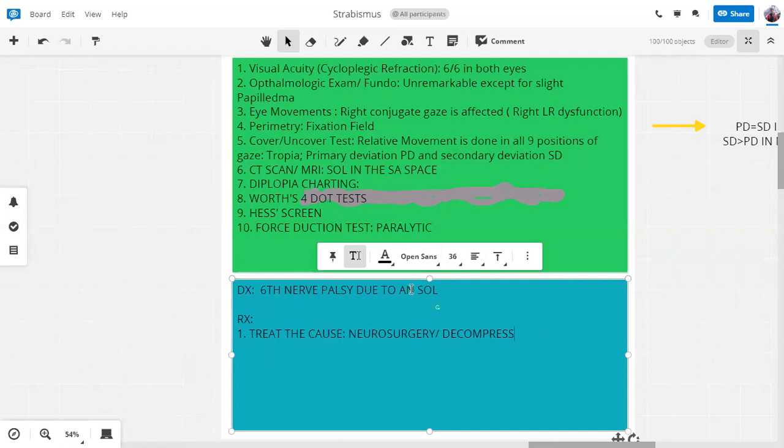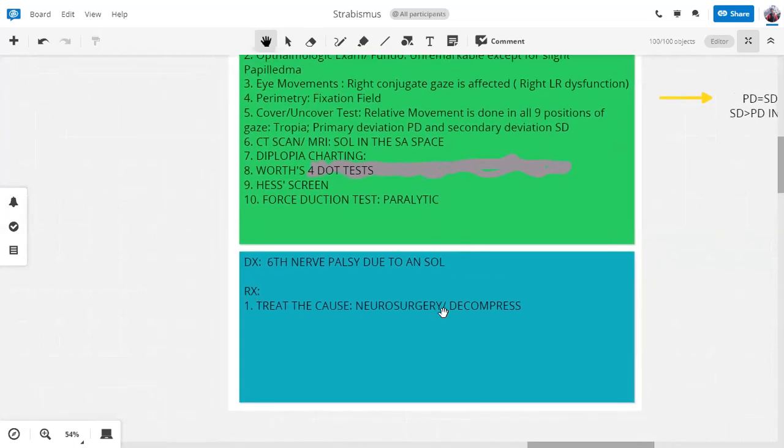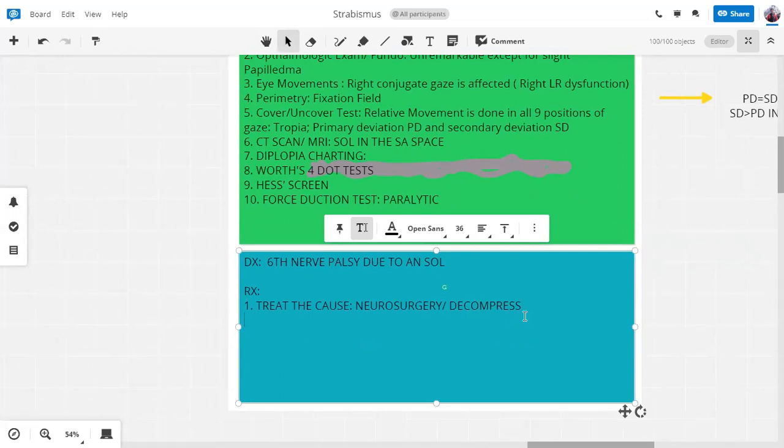इस केस में सिर्फ यही काम करेगा because we know that there's an SOL. If we treat that SOL, we remove that SOL, things will go back to normal. Okay. So what other modalities can be used in other kinds of non-comitant squints?